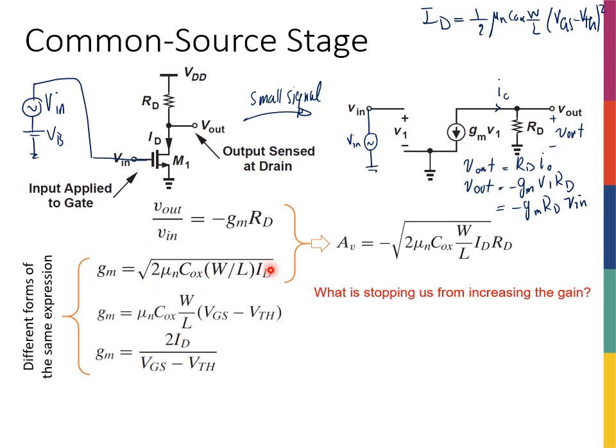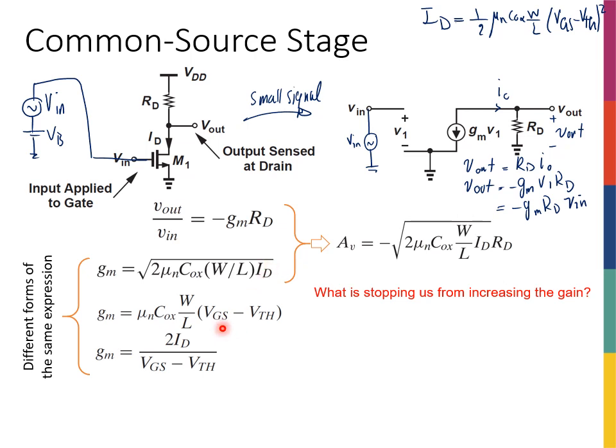Similarly, for the other expression, if you replace this ID with that expression and simplify the equation, you're going to get to this expression. So these are basically the same expressions. Why do we have different expressions here? For BJT, remember we had just IC over VT. The reason is that sometimes you have the current and you have the W over L, mu n and Cox, so you use this expression.